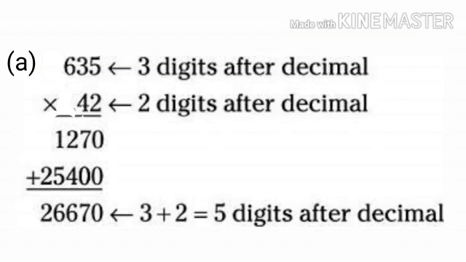Now, we can see that in first decimal number, the decimal point is after 3 digits from right side. It means it has 3 decimal places and the second number has 2 decimal places. So, total number of decimal places are 3 plus 2, 5. So, in the final product, the decimal place will be 5. That is, we will put decimal point after 5 digits from the right side. Note down this in your notebook.